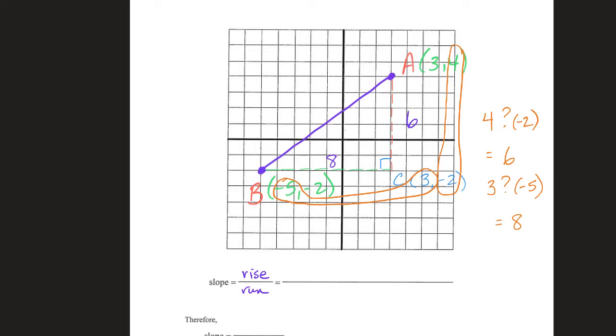And so we're just starting to think in terms of my coordinates and what I have at point A and point B. And perhaps you could think of something to put in place of that question mark.